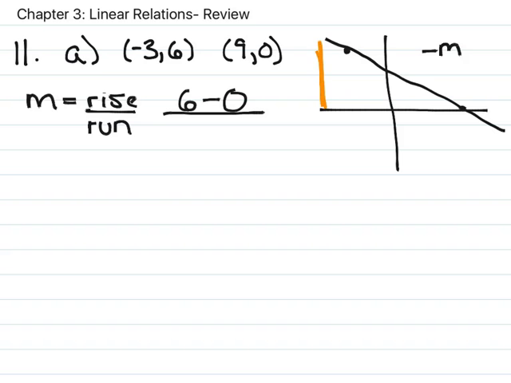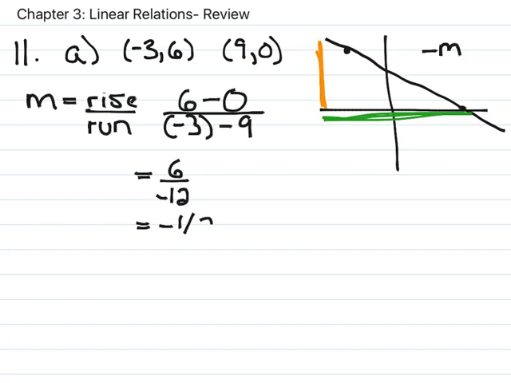And then for the run, it's the change in the x value. So we're going from -3 to 9. So this is equal to 6 divided by -12, which is equal to -1/2.